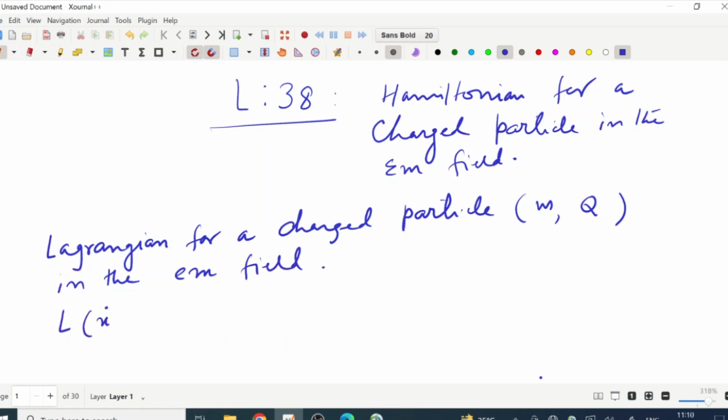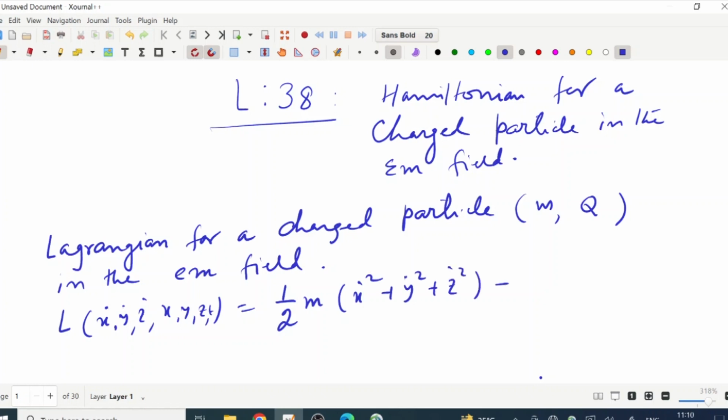In 3 dimensions, it will have x dot, y dot, z dot and x, y, z in general, and function of time. So, this will be the kinetic energy, half m times x dot square plus y dot square plus z dot square, minus q times phi, which is maybe a function of x, y, z and t, plus q by c v dot A. We can write v dot A explicitly.